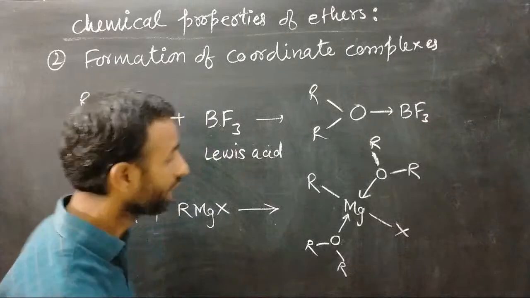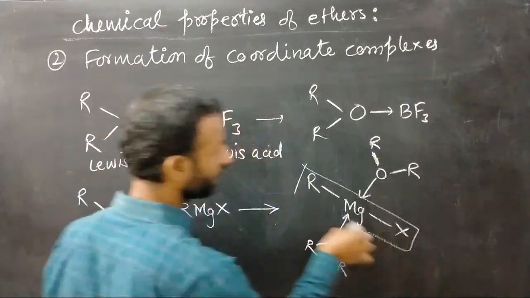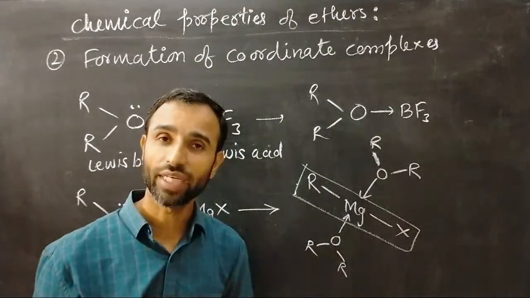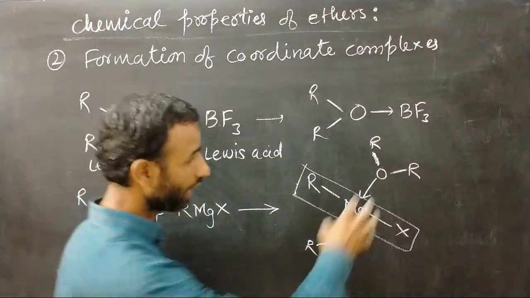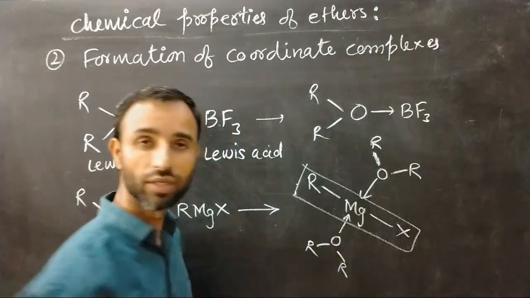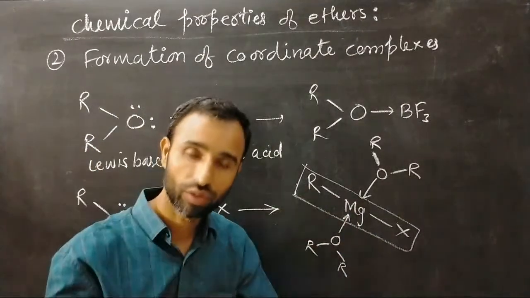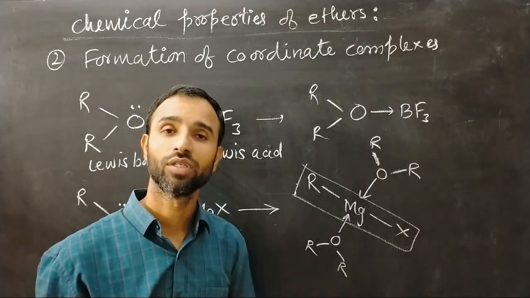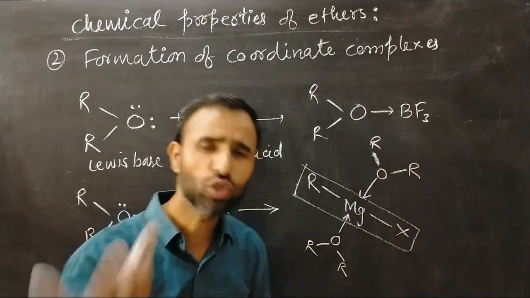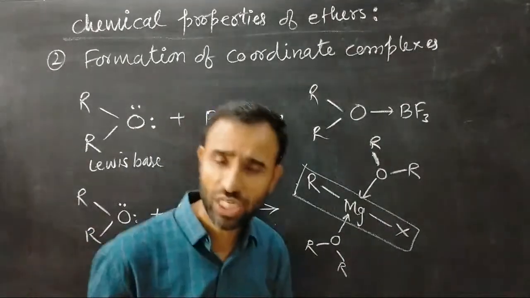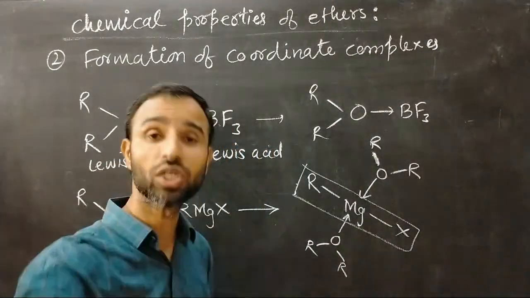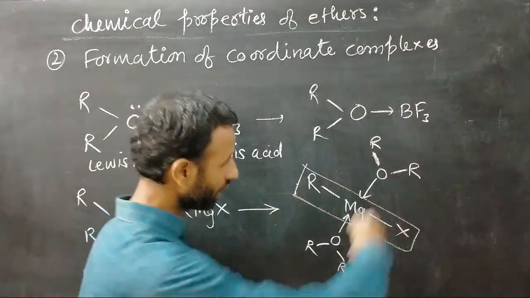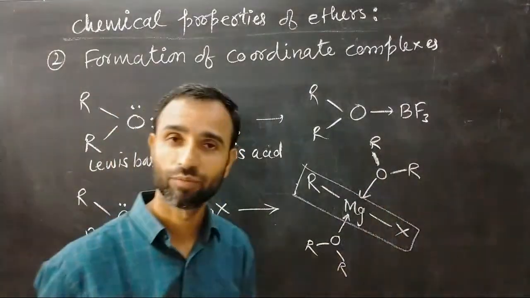That's why Grignard reagent is always prepared in dry ether, because dry ether forms coordinate bond with RMgX and keeps it in the ethereal solution. We can also prepare it in benzene, but then tertiary amine is required, because the tertiary amine again acts as a base and that will form a coordinate bond.